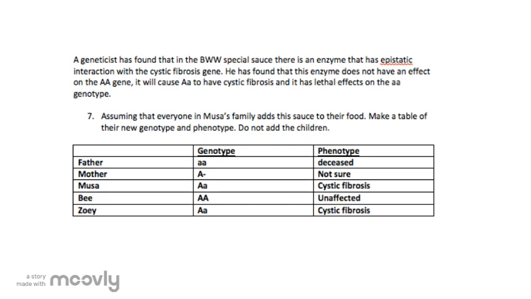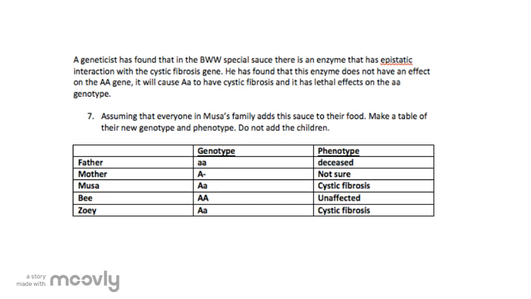And the question asks us now to assume that everyone in the family has this sauce. Using the people in question 3, write down the new genotypes and phenotypes for the family. So one important thing to notice about this question is that the enzyme does not affect the genotype, it only affects the phenotype. So that's why the genotypes will remain the same.